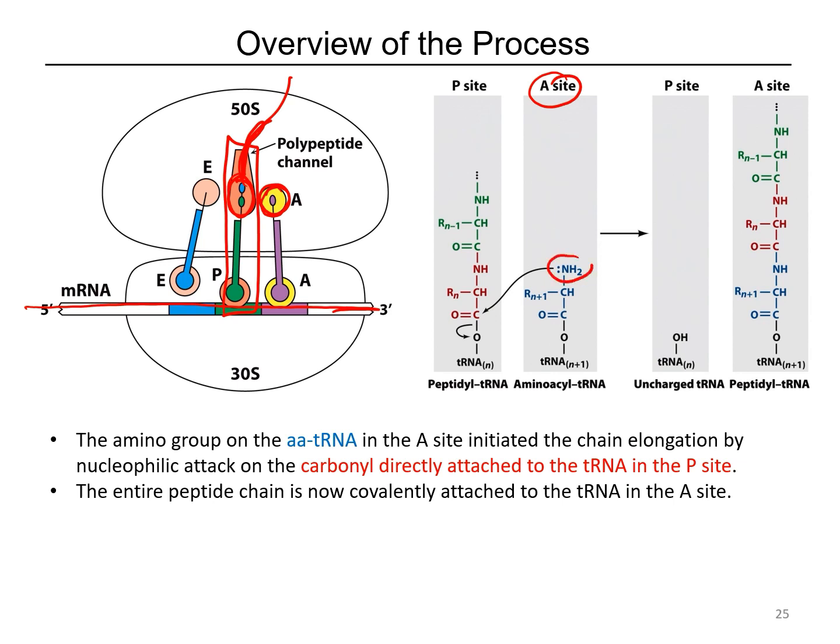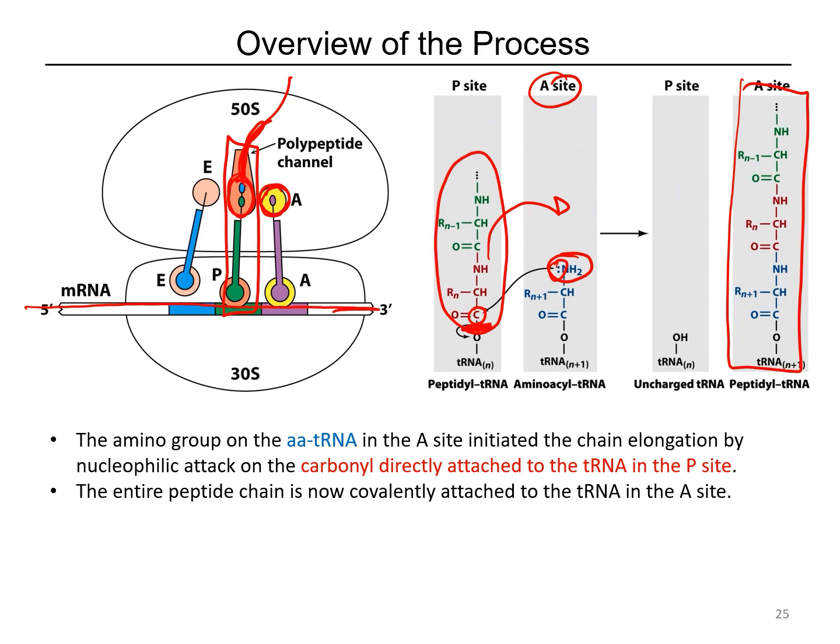The N-terminus of the aminoacyl tRNA in the A site is the nucleophile. This carbonyl in this ester linkage between the tRNA and the growing peptide chain is the electrophile. We get nucleophilic attack of this lone pair onto the electrophile, ultimately breaking this bond right here. And that results in this entire polypeptide chain moving over into the A site as we see here.